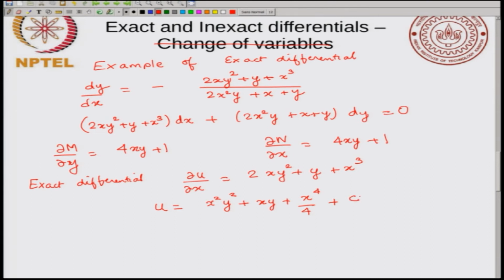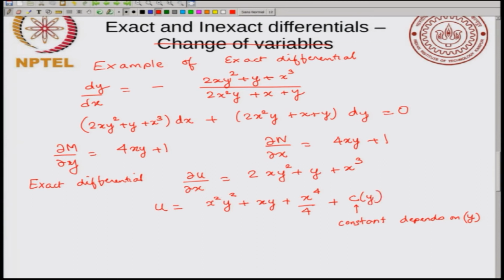And remember the solution of the differential equation, now you have to be a little careful. So, this constant of integration depends on y.